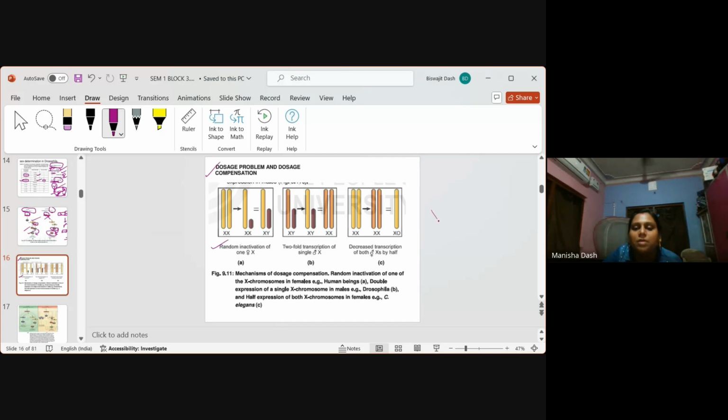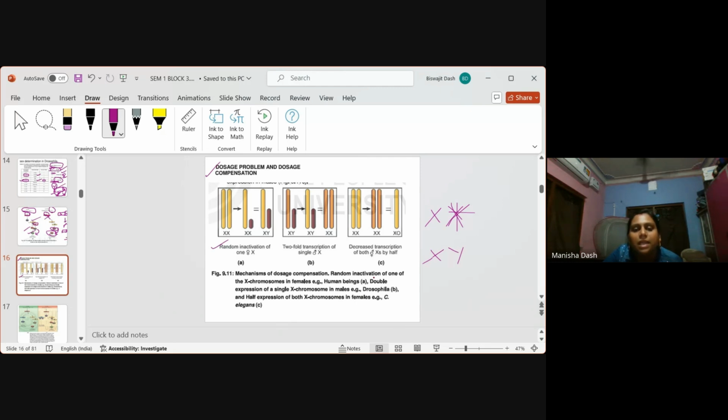Like in human beings, females have two X chromosomes and the male has a single X chromosome. So one of the X chromosomes is inactivated, so that the X number is balanced in both male and female. That is called random inactivation of one of the female X chromosomes.